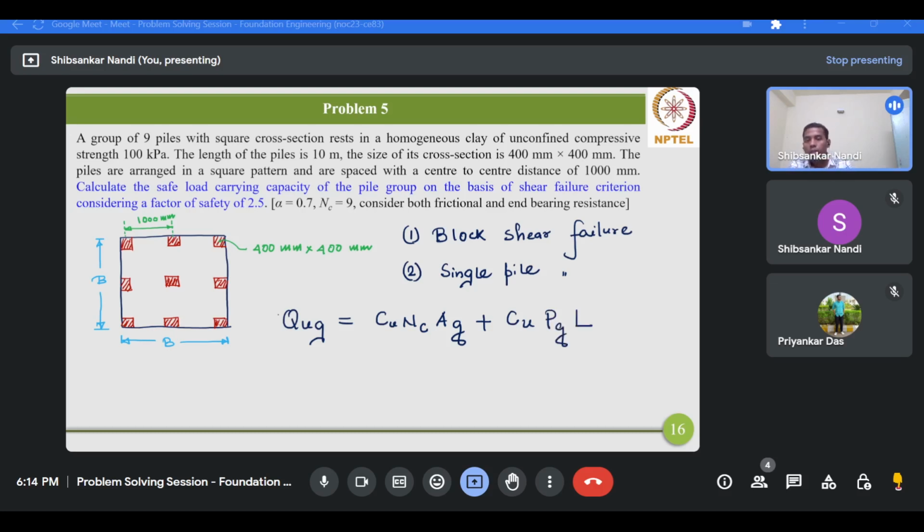Okay, so this will give you the ultimate load carrying capacity considering the block shear failure.